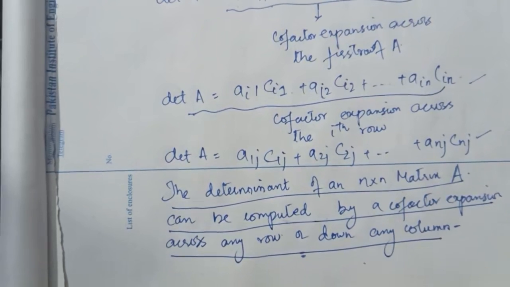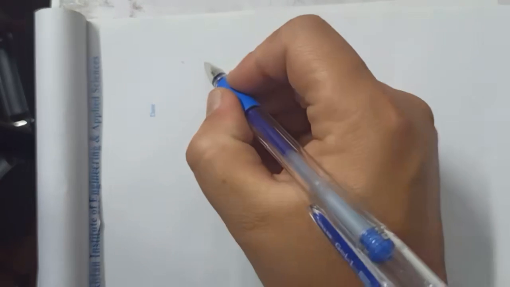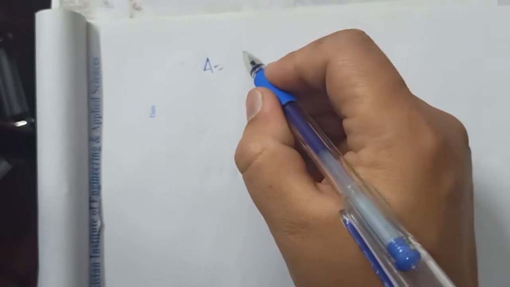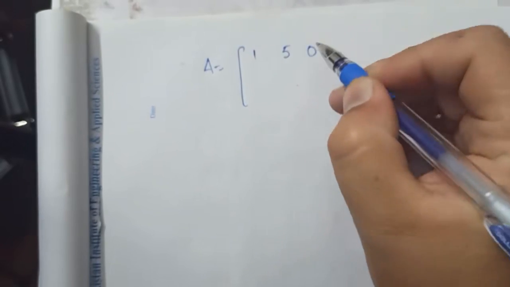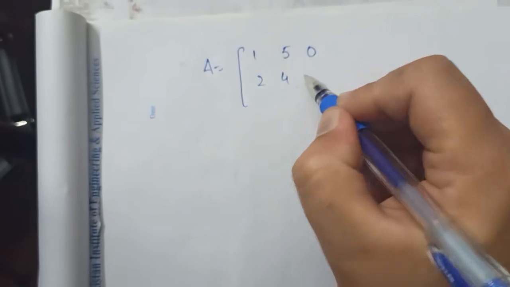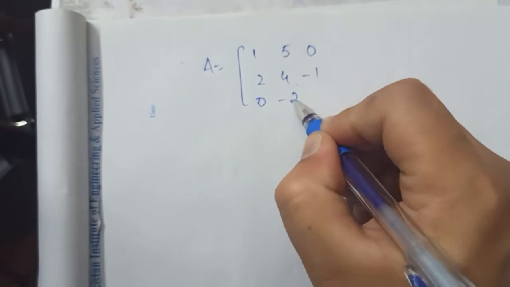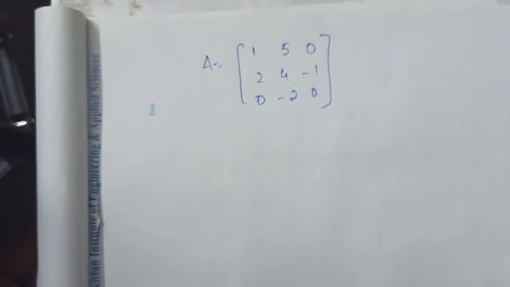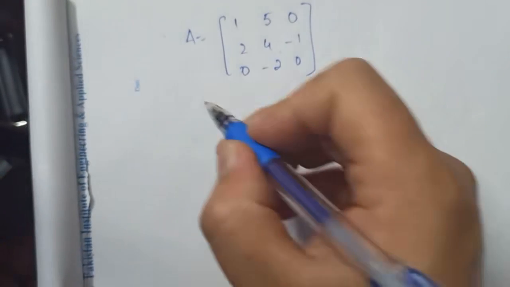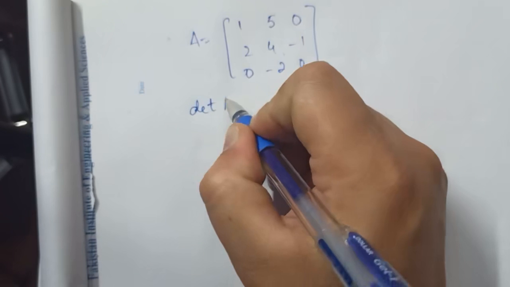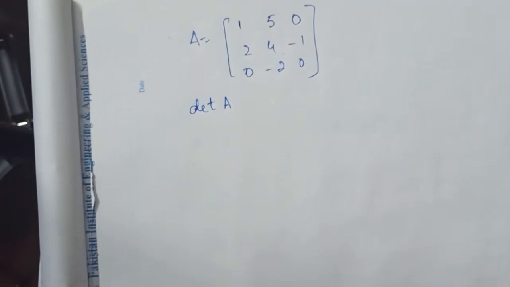Okay, now let's do an example and try to find the determinant using cofactor expansion, to demonstrate what we have just said. Again we have the same matrix: 1 5 0, 2 4 minus 1, and 0 minus 2 0. Let's try finding the determinant of this matrix A using cofactor expansion across the third row.